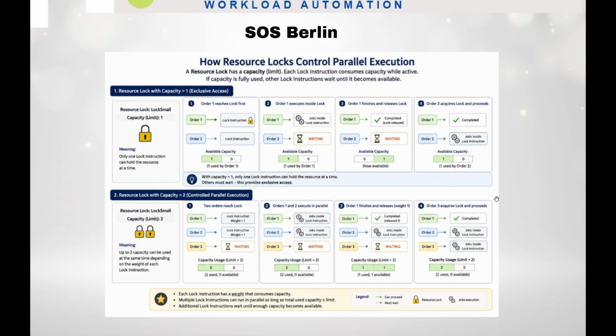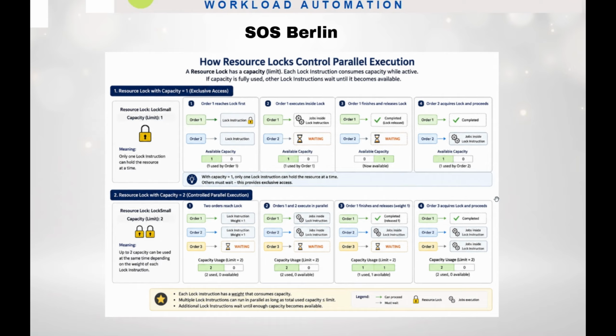When order 2 reaches the same lock instruction, the available capacity has already been consumed by order 1. Therefore, order 2 has to wait. Once order 1 finishes the job inside the lock instruction and releases the resource, order 2 can acquire the resource lock and continue execution.